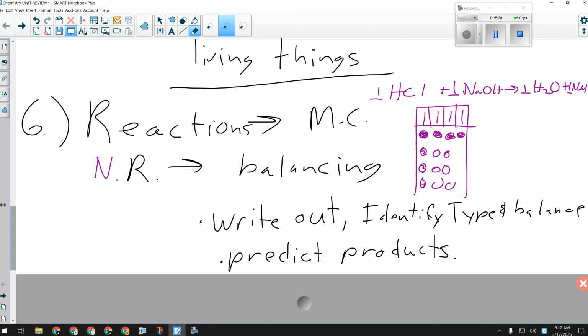So I said there were 4. There are 3, but 2 of them have A, B, C, D. Okay, so there's like actually 9. And so there's an A, a B, a C, and a D that are reactions. We only went over 5 types, so there's only 1 that's not in there. Okay, where you'll have to identify the type, write it out, write out the reactants, predict the products, balance. 4 marks each.